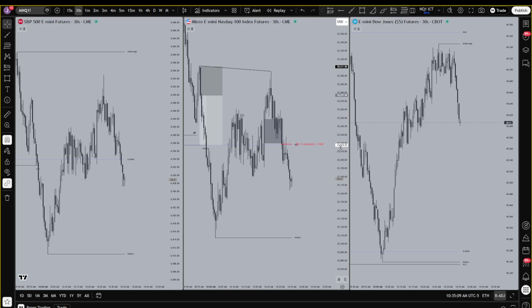Yeah, DJ, CISD. The indicator's our indicator. We built it. See if it pulls back into it.